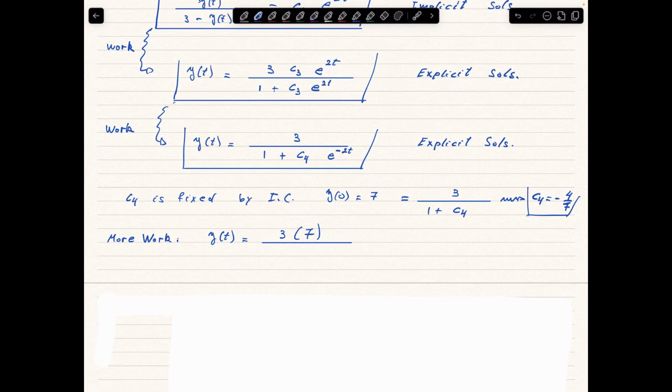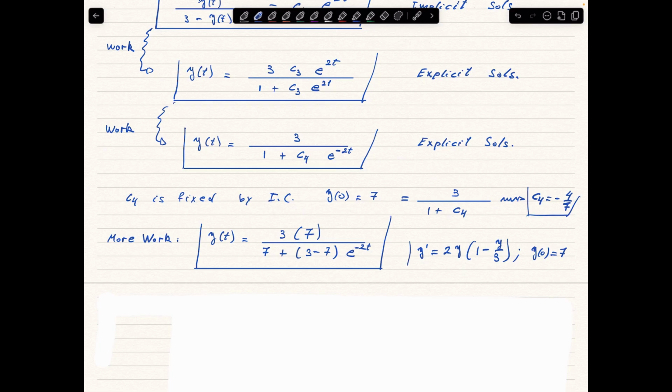You will see in a minute. 7 here plus 3 minus 7 exponential negative 2t. And recall, this is the solution of the equation y prime equal 2y times 1 minus y over 3 with initial condition y at 0 equals 7.